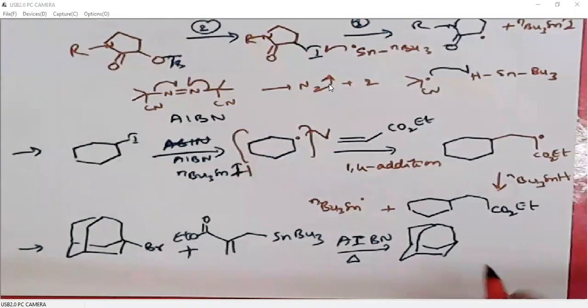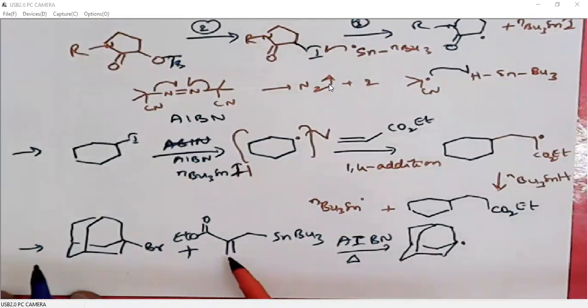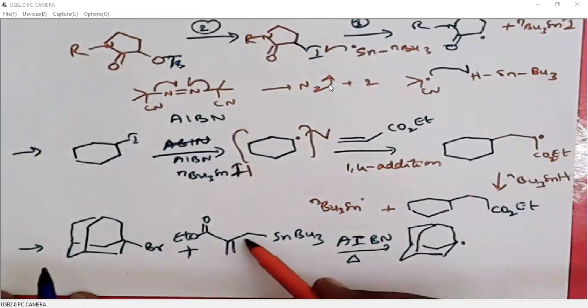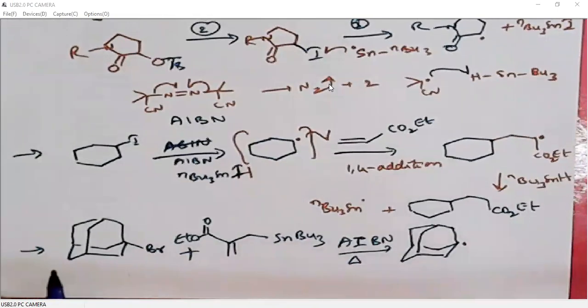This radical will undergo reaction with a double bond. So what happens? This will be migrating to this and tin will be leaving. I will explain this.